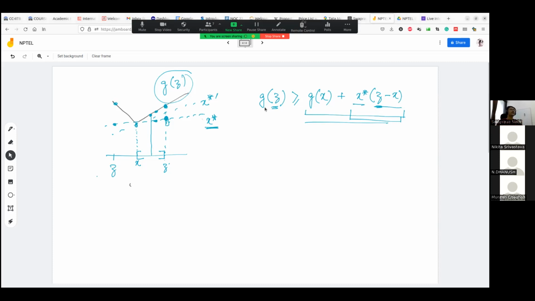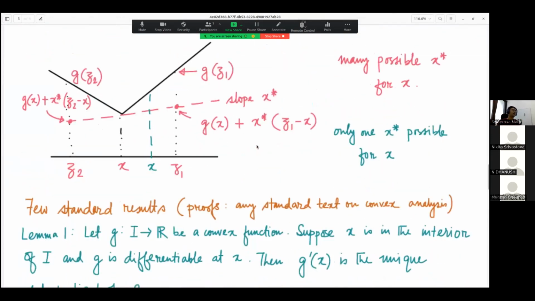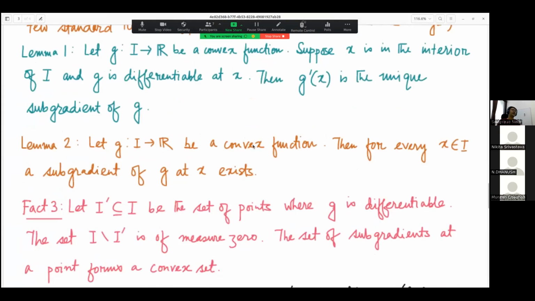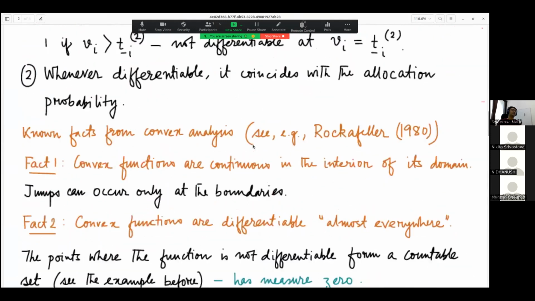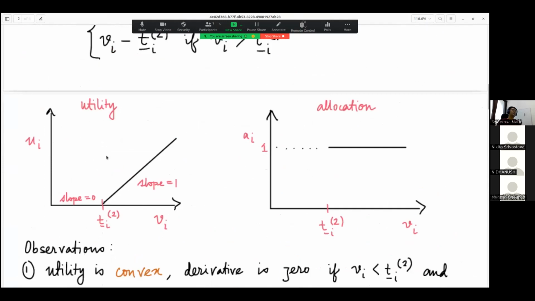Okay, so why is subgradient important in our discussion? That is exactly where we come in. Our objective is to show this. If you go back to this original example, you see that this utility function is a convex function, but it does not have any derivative here. So the derivative does not exist. With this notion that we defined just now, we can define a subgradient.